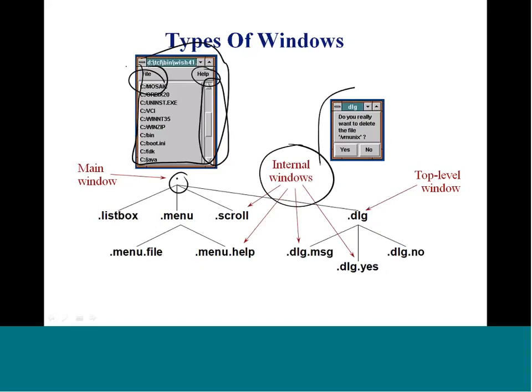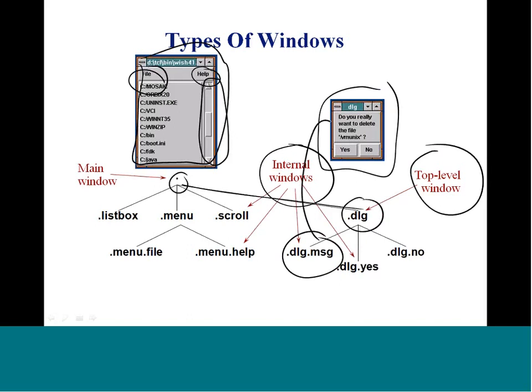Now if you click something and it opens a dialog, the dialog comes under the main window. So dot dialog is also called a top level window. For this one there is a message, which is this text here, and then yes and no. Those are the only two additional things.